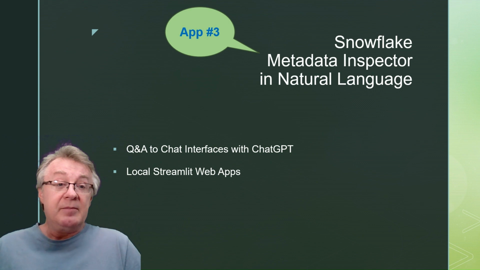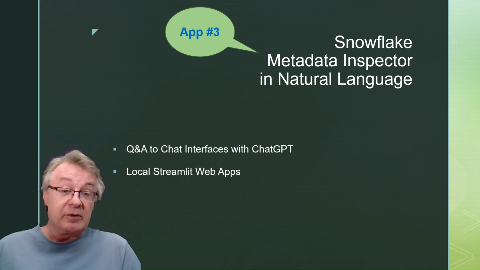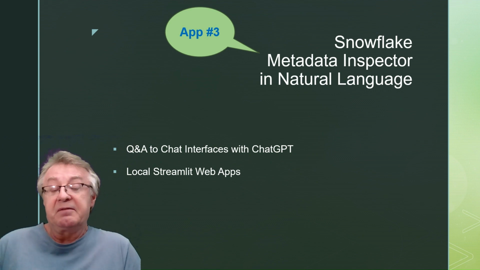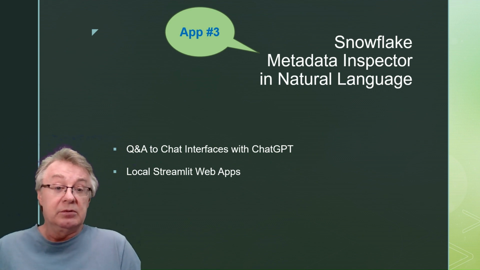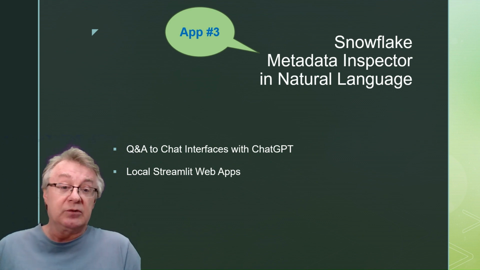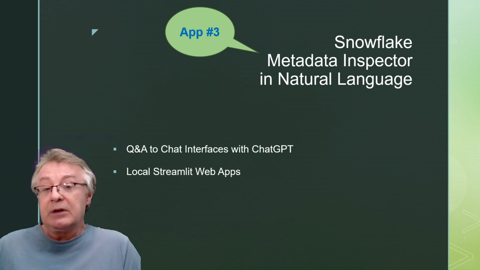Well, I will come up with a Snowflake metadata inspector in natural language. So you'll be able to start with a very simple Q&A interface to ask questions to ChatGPT about your local database.